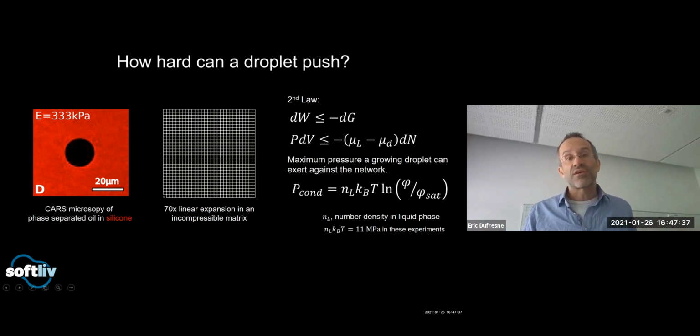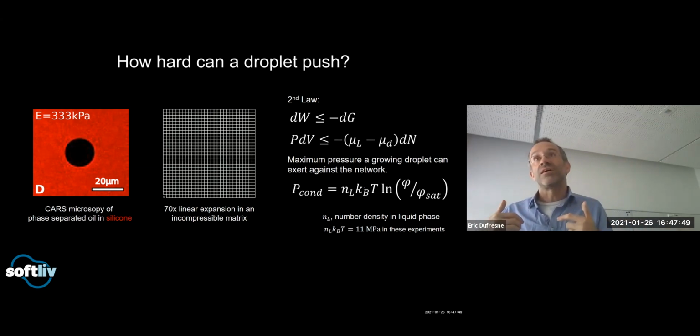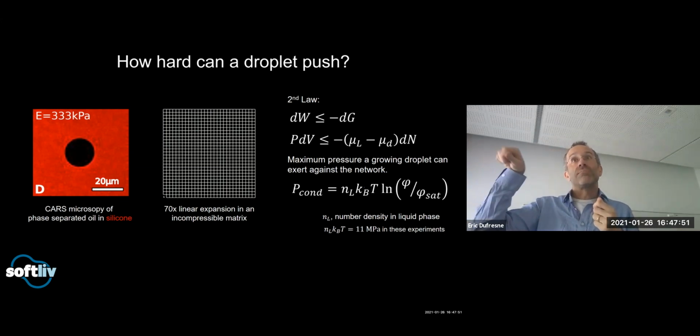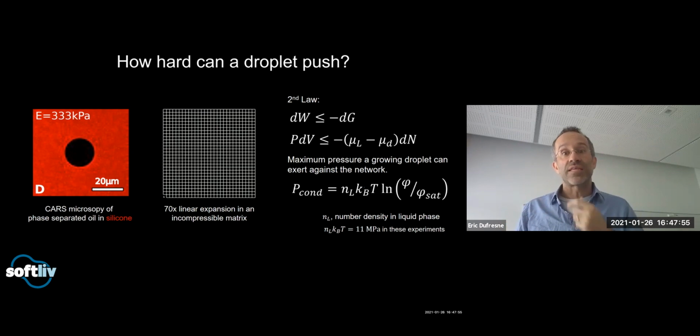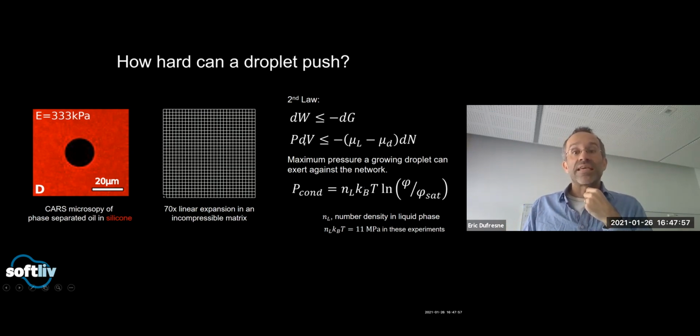So the first line here is the second law of thermodynamics at constant temperature and pressure, okay? It says that the work done by the droplet to grow has to be less than the change in the free energy of the molecules that are making up the droplet in the process of condensation. The work is easy to calculate, thank God.